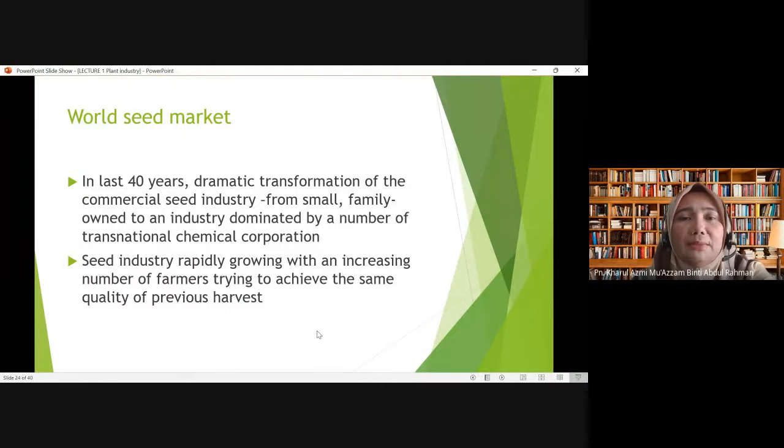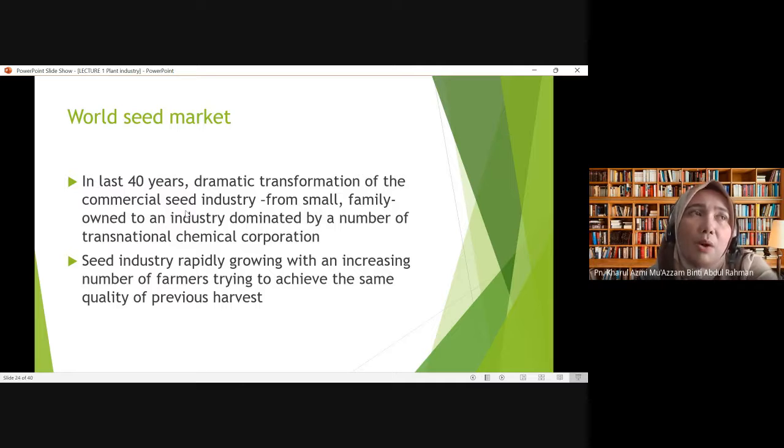Okay, world seed market. Ada juga market yang marketed the seed. Okay, in the last 40 years, dramatic transformation of the commercial seed industry, industri yang kita ubah secara genetik tadi. From small family owned to an industry dominated by a number of transnational chemical corporations. Maksudnya dalam 40 tahun kebelakangan ni telah berlaku transformasi yang sangat dramatik dalam penjualan benih, seed industry.